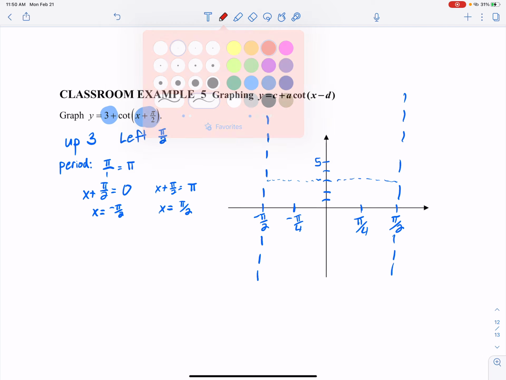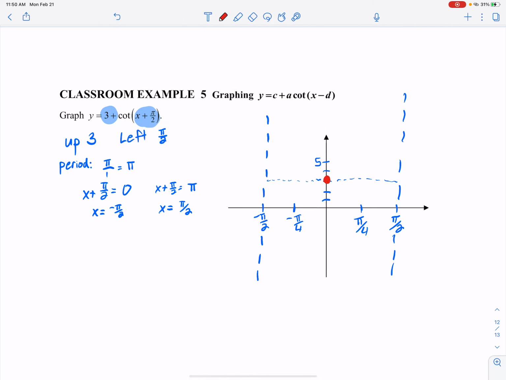Cotangent is going to start right there in the middle of my period. And then remember, cotangent doesn't go up to the right, it goes down to the right. So I go over 1 down, and then that tells me exactly what to do on the other side as well. Since the amplitude is a 1, or quote-unquote amplitude is a 1, we expect sharp curves. If the number was bigger, the curves wouldn't be so sharp.